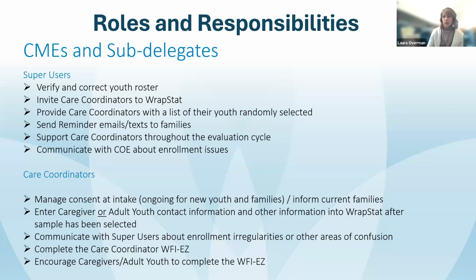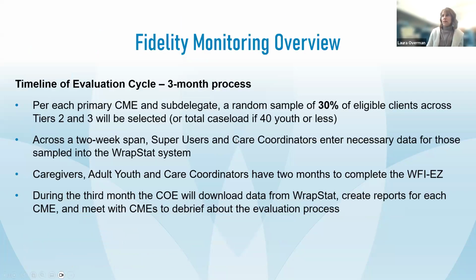You'll complete, as I said, the WFI-EASY for your youth who's been sampled, and then also encourage caregivers and adult youth to complete the WFI-EASY. It's a 3-month cycle from the day that the invitations are sent, where prior to the invitations being sent, as I said, there's some data work that gets done in WrapStat.